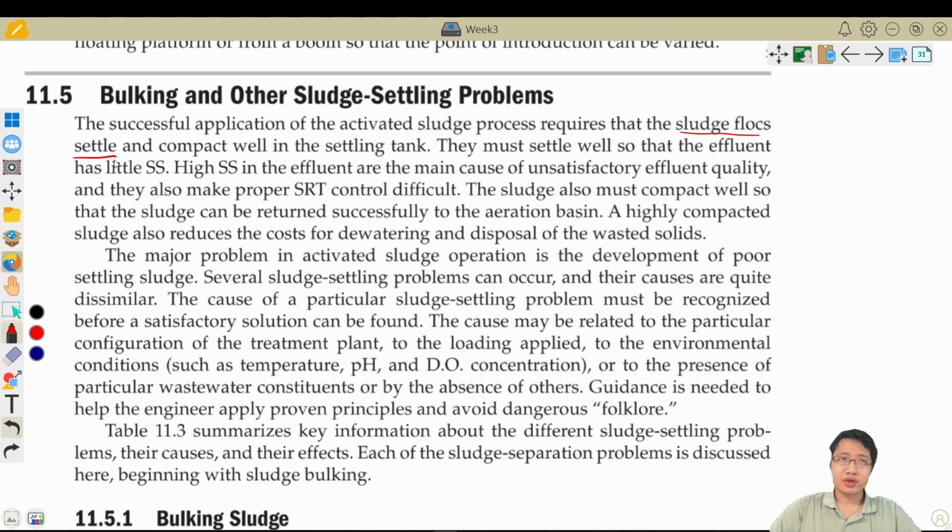If the biomass cannot settle well in your settling tank, it sometimes causes unsatisfactory effluent quality, with higher biomass concentrations in your effluent, and that biomass contributes to the BOD or COD concentration in your effluent. It also makes SRT control more difficult.